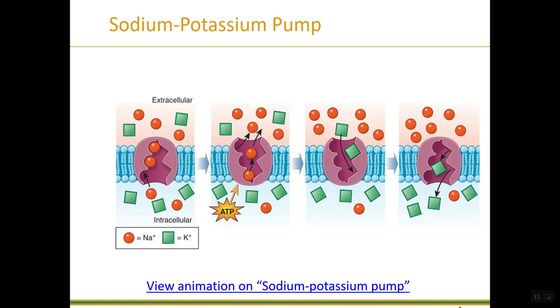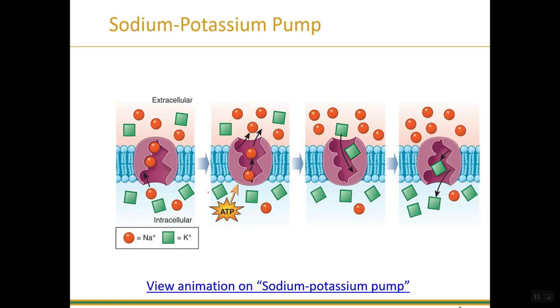One of the most important examples of active transport is the sodium-potassium pump. If you see in the animation, there are 4 different pictures. The first one is where you have the sodium from the inside of the cell, the red molecules, connecting into the receptor in the protein channel.